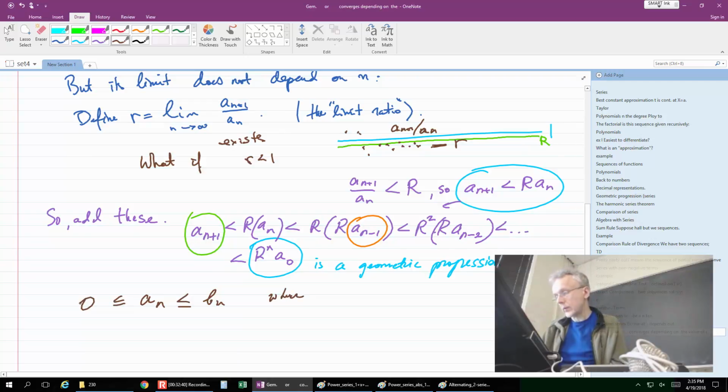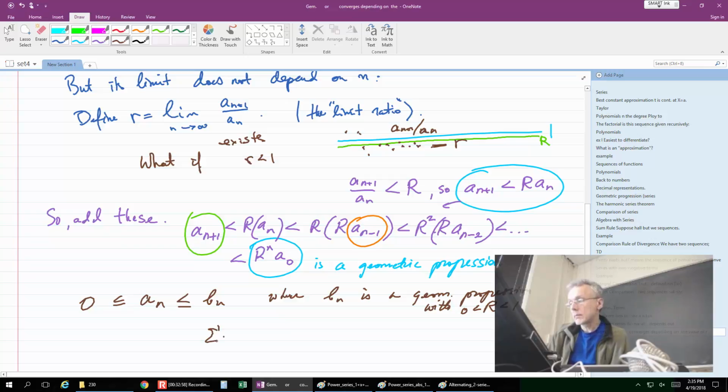That's important. And where b_n is a geometric progression with ratio R less than 1, which makes its series convergent. So the sum of b_n is less than infinity.